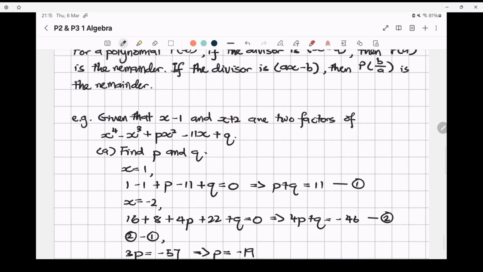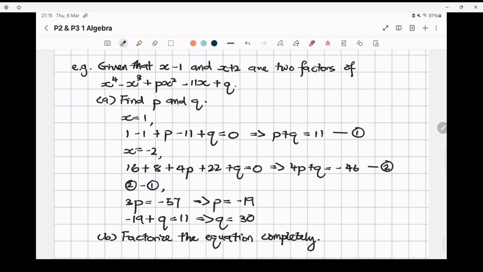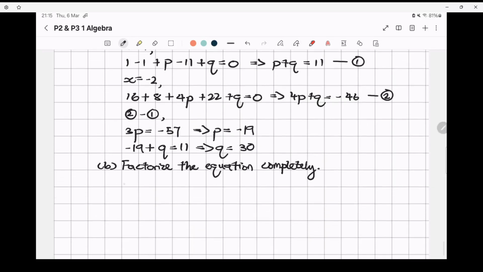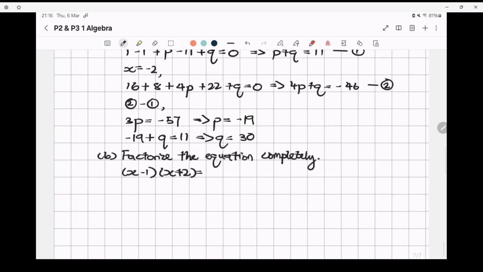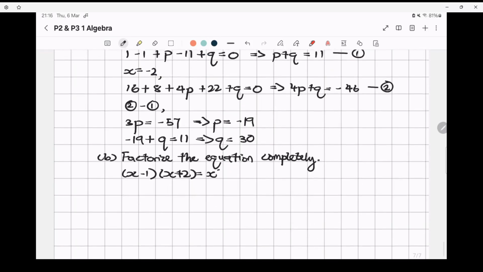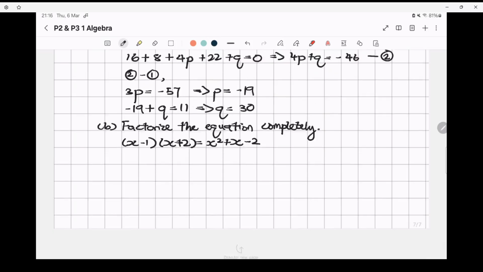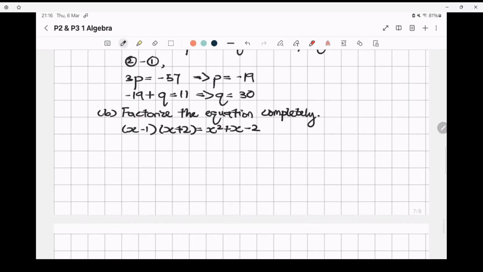So now we can do this. x minus 1, x plus 2 equals x squared plus 2x minus 1x plus x minus 2. So we do the long division.